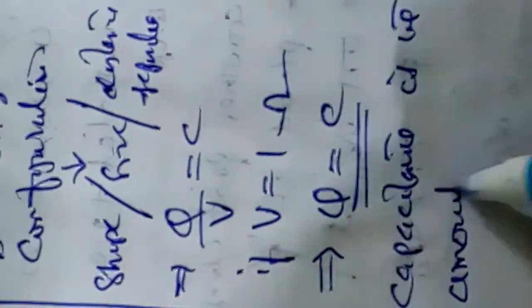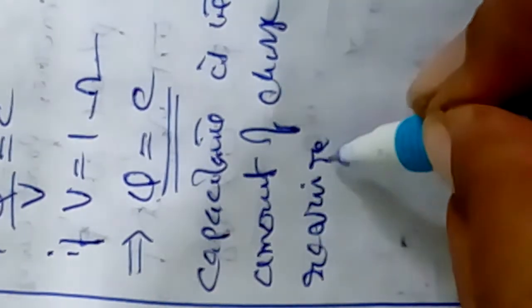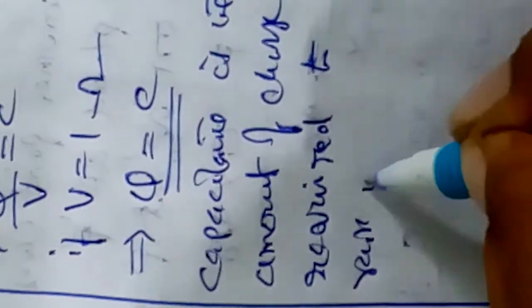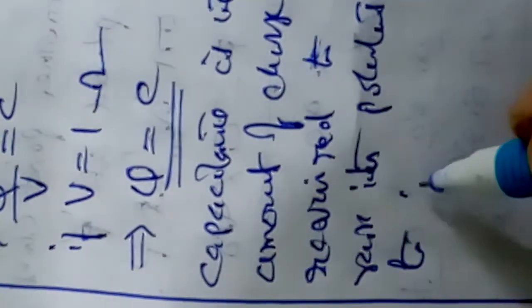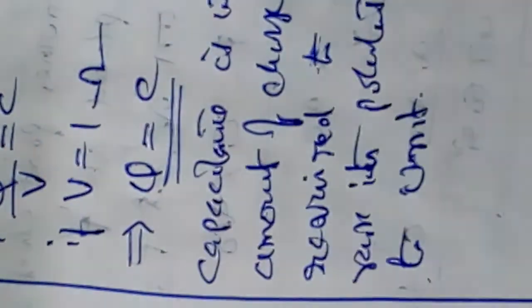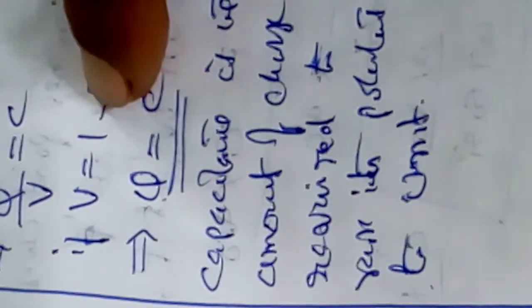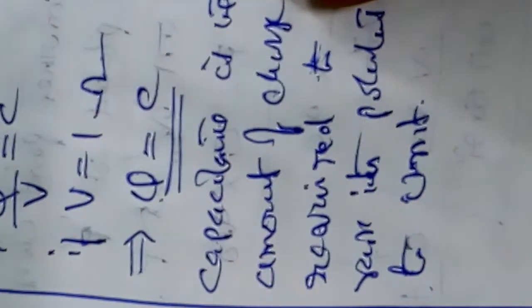Capacitance is the amount of charge, because it is equal to Q, the amount of charge required to raise its potential to unit. So to get a potential of 1 volt, the amount of charge required is nothing but its capacitance. That's how we represent it.